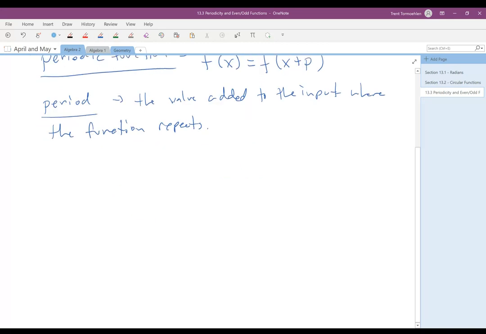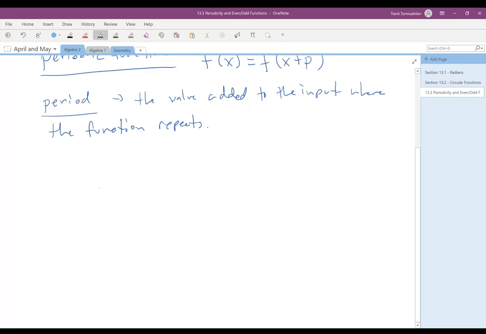What this looks like graphically is, a very basic type of graph would be one that looks like this. And so we could say it would be something like this. Let's just do it really basic.